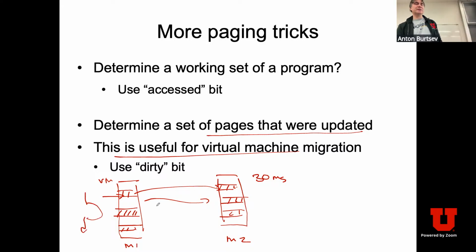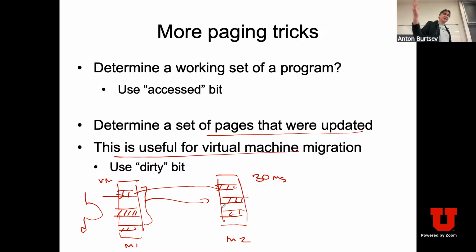Typically 1 or 2 is enough, depending on the workload. But at some point the set of dirty pages becomes so small that you suspend the VM. This is where the human perceives a downtime. You stop execution of the VM, move it to the second machine, resume there, and keep running. This iterative tracking of the dirty working set is a useful feature.